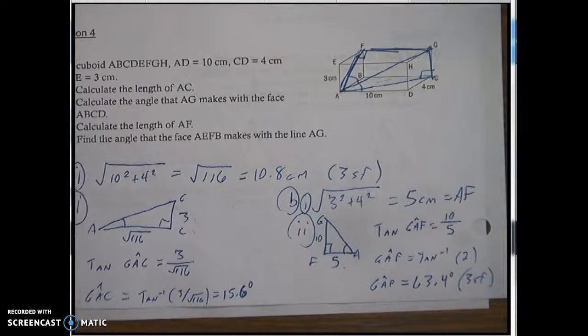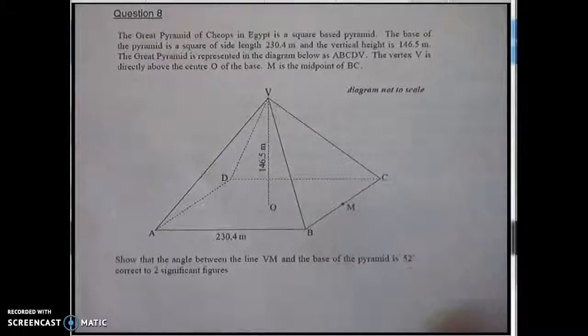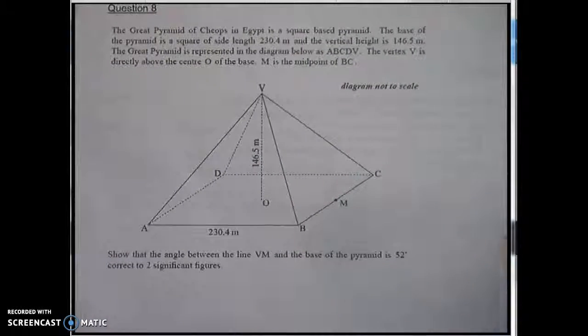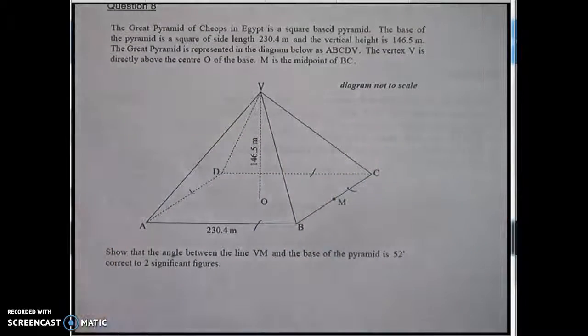Alright, I've got time to do one more here, and so I'm going to jump to question 8, which is an IB problem, actually. Well, it's the start of a paper 2 question. It's just one part of the paper 2 question. And it says, the Great Pyramid of Cheops in Egypt is a square-based pyramid. If this is a square, that means that's congruent to that, it's congruent to that, it's congruent to that. They're all 230.4 meters.